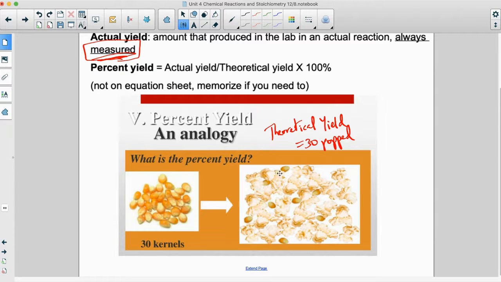You look at this and you say, oh, 1, 2, 3, 4, 5, 6, 7 have not popped. So my actual yield is only 22 popped kernels. And then we can find the percent yield by taking 22 over 30. So percent yield would be 22 over 30 times 100.